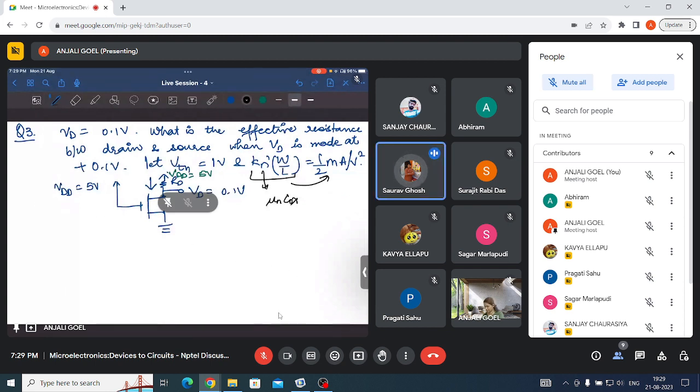Ma'am, is the ID value coming as 0.1975 milliampere? No, it is 0.395.